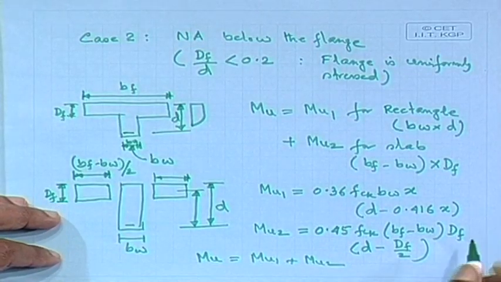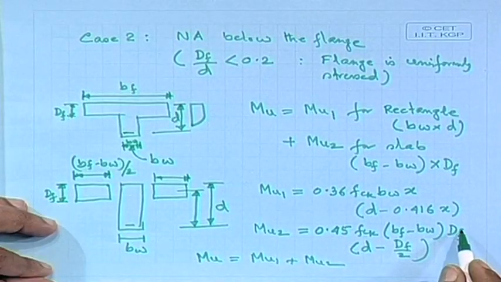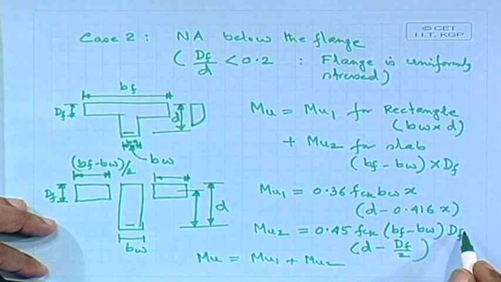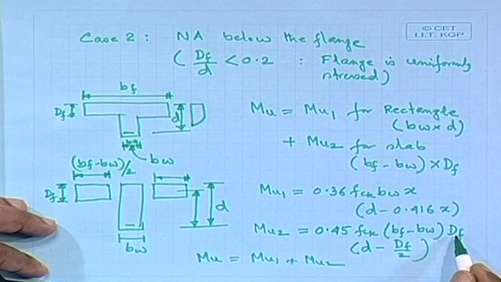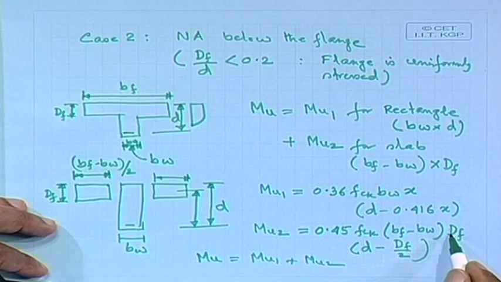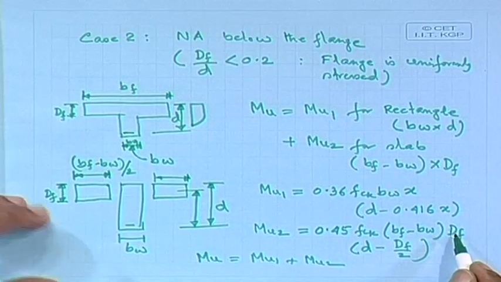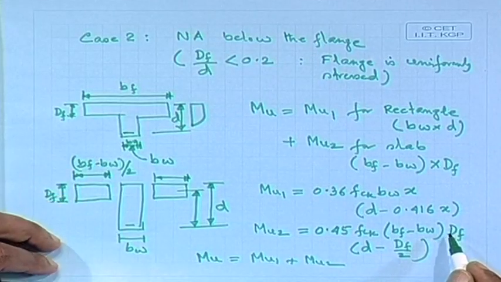The case 3, for case 3 there is only a small difference. What we do, we get the equivalent depth, this Df, Df is the depth of the flange. This Df will be replaced by a certain equivalent depth of the flange.